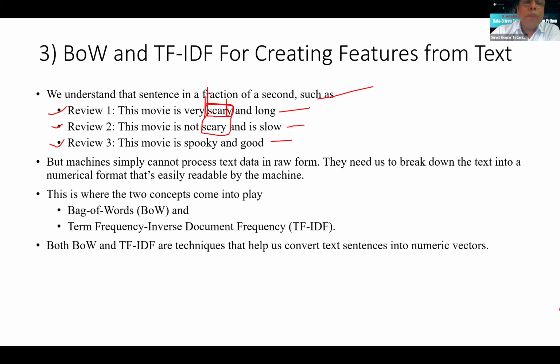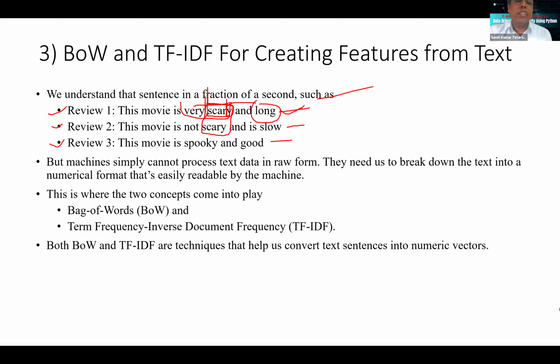If the words are different, then it's very easy to find out. Suppose I say, tell me very and scary, these two words, or scary or long, these two words. Then we can identify, because both words are not available together, that's why we can say that review one is the perfect answer.